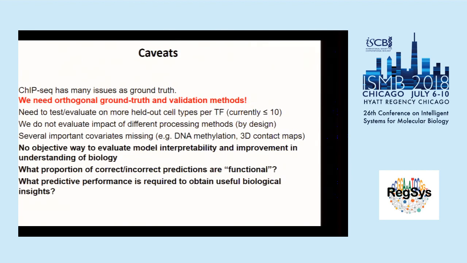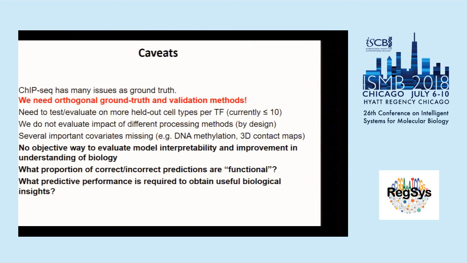Now to finish up, I just wanted to address a couple of caveats with the method and then sum up. The caveats which many of you might be thinking are that ChIP-seq has issues as ground truth: there's cross-linking bias, there's antibody design. We need orthogonal ground truth and validation methods, but our conclusions are fairly broad, and I'm happy to talk about that.